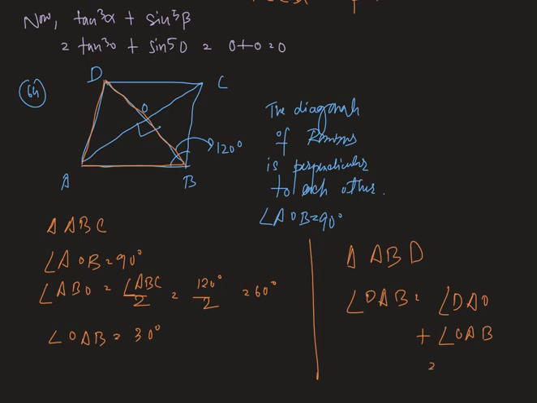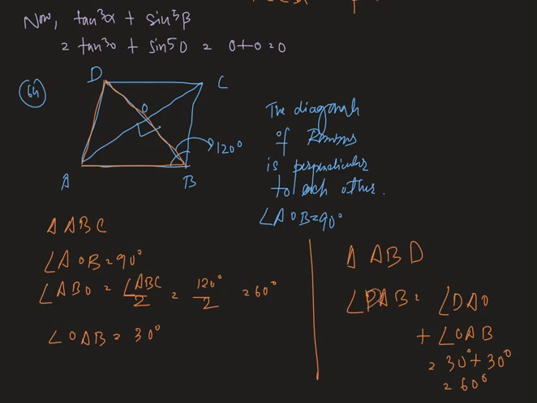Now it is equals to DAO is 30 degree and we already have angle OAB is equals to 30 degree, so angle DAB is equals to 60 degree.